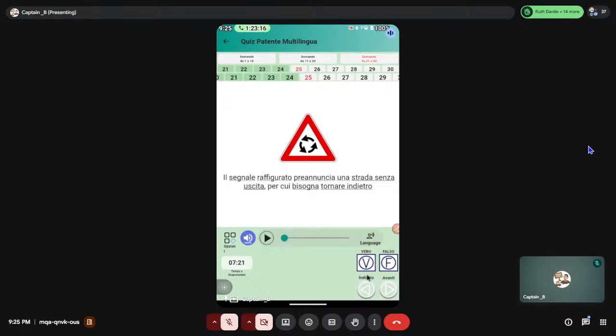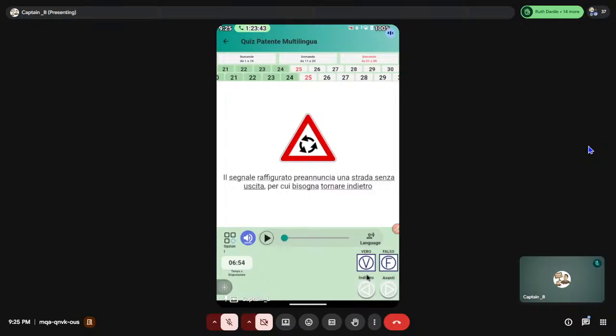Tornare indietro. What do you mean, indietro? Get back. This sign is telling you to turn back. Now, falso. Who says that? Excuse me, but this is true. This is a roundabout.